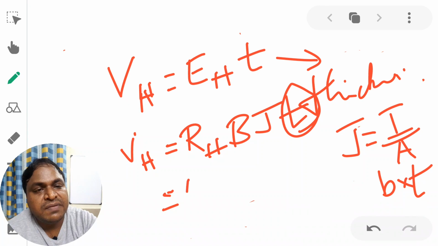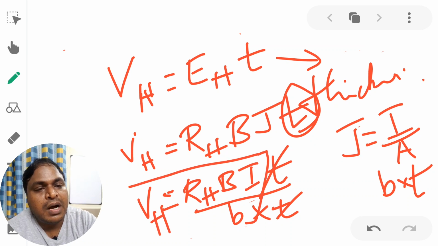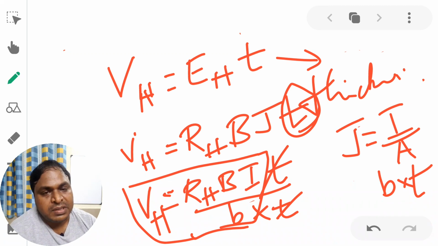So VH is equal to RH B I t by b into t. So t and t will get cancelled. So VH will be RH B I by small b. So this is the formula for Hall voltage. Thank you everybody.